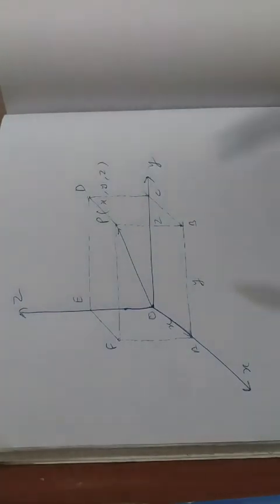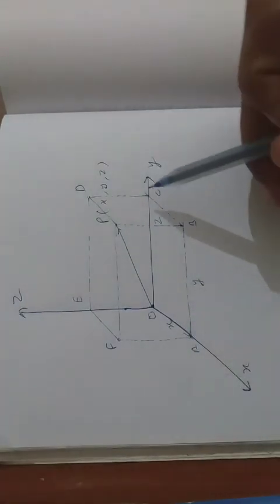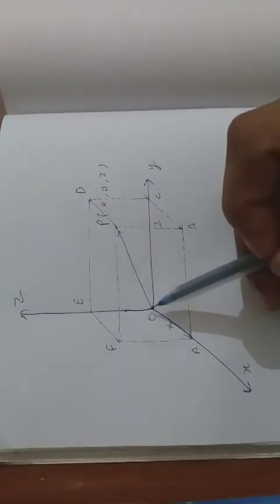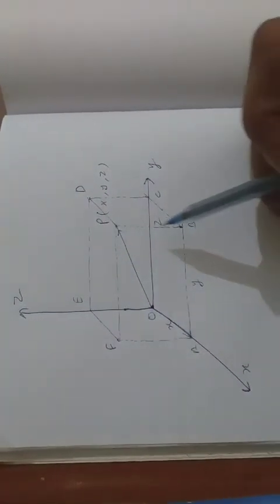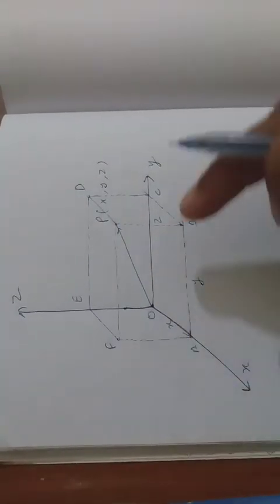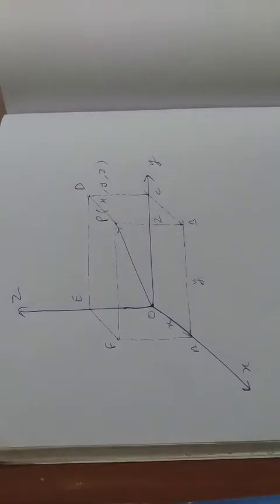That means we can form a cuboid with sides having length x unit, y unit, and z unit as width, length, and height respectively.